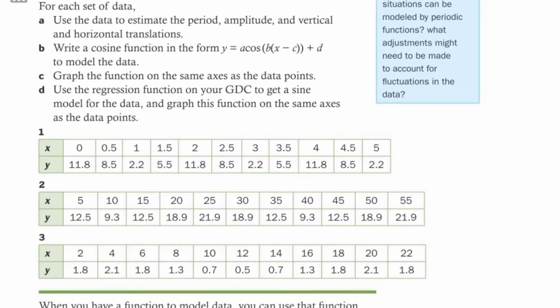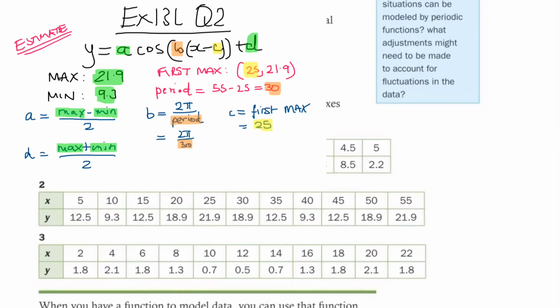Well, if you remember the calculations, to find the amplitude, we want to take the y values. So we have to look at the y values for the amplitude, and the amplitude is going to be the big minus small.